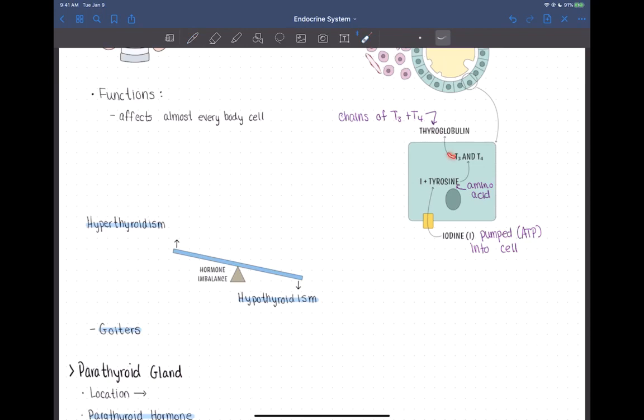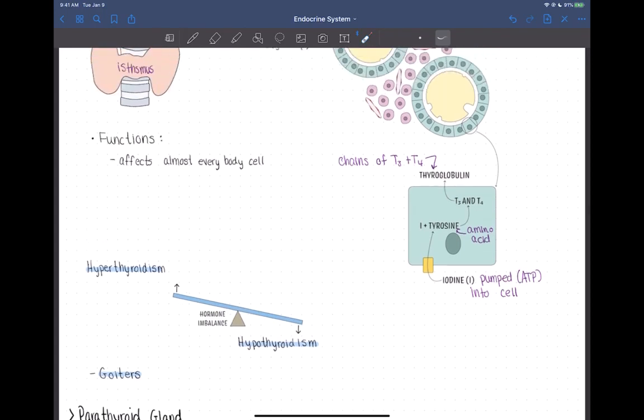All right, and then it is going to exocytose it, forming this thyroglobulin, and then these chains are just going to stack all together, you know, back and forth in this colloid. So this colloid is made up of many thyroglobulin kind of threads, chains. Okay, all right, so that's how that thyroid hormone is produced.